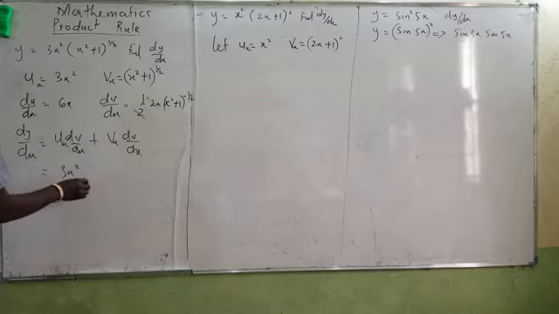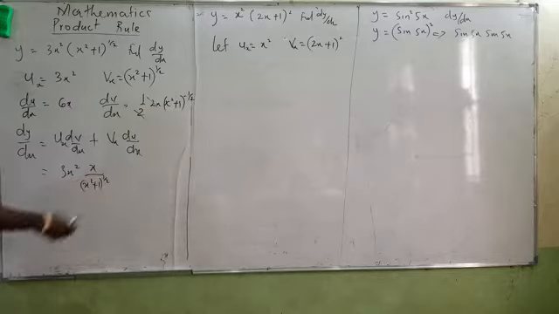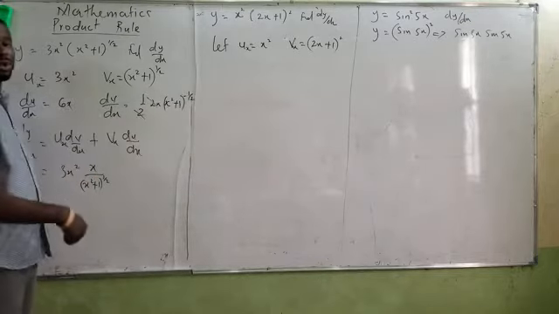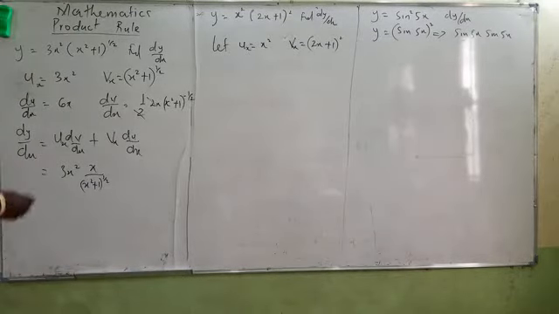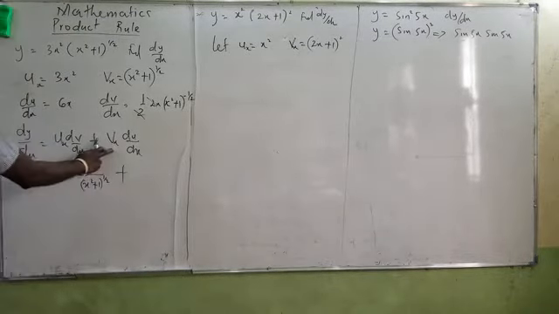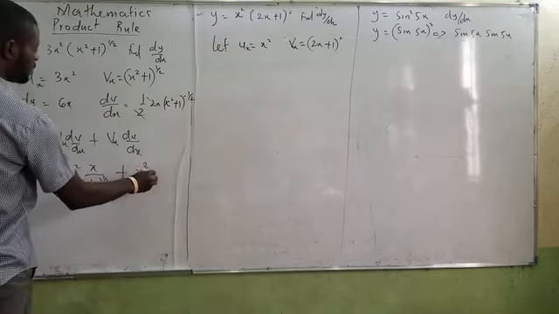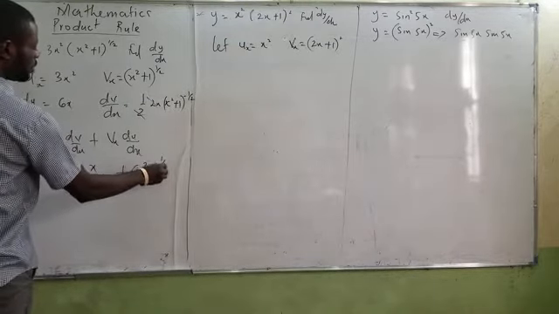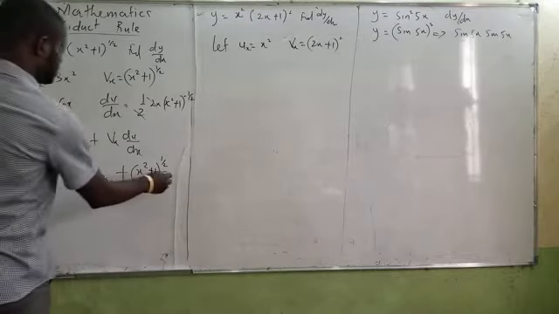My dv/dx will be x divided by x squared plus 1 bracket of 1 all over 2. Why is it dividing? Because of this minus, at this point I'm applying my indices very well. Now, which I'll be having plus, what is my v? My v is given as x squared plus 1 bracket of 1 all over 2. What is my du/dx, which will be what?